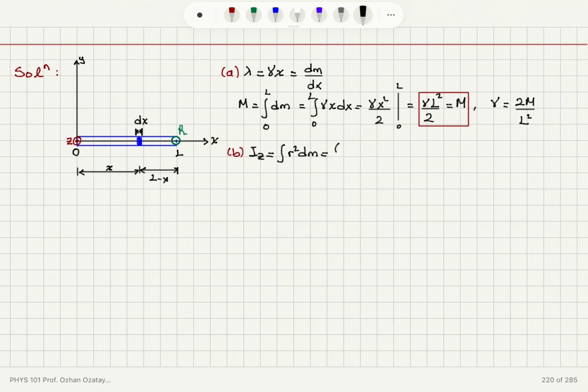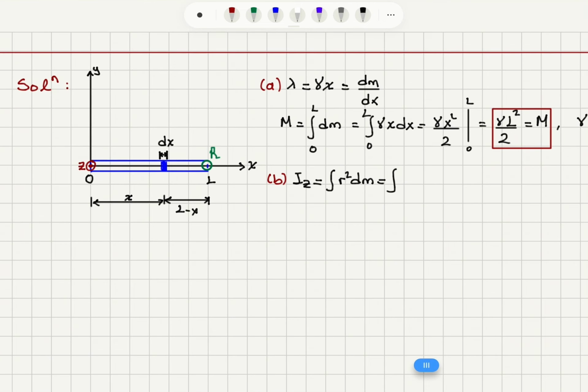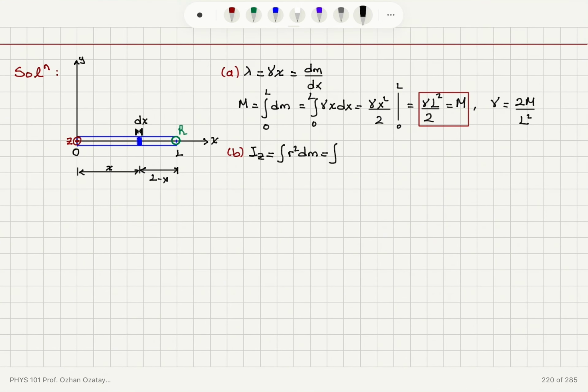Now, if I have a mass element on this rod at a distance x from this rotation axis, r squared will be x squared, and then it will have a mass dm, which I have to calculate. So this will be equal to the integral of x squared lambda dx, where x goes from 0 to capital L. So this gives me the integral from 0 to capital L of x squared gamma x dx.